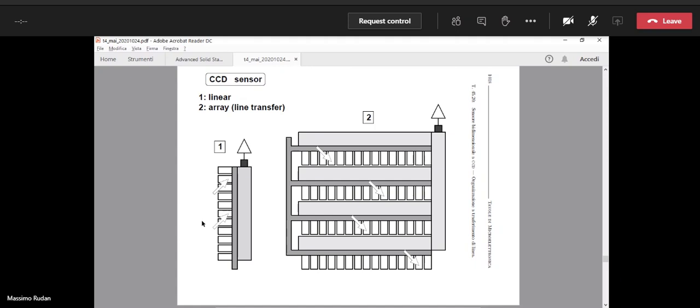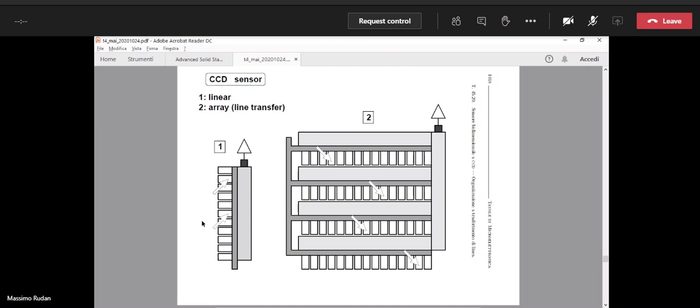Then the next integration time can start immediately. Meanwhile, the charge packets are transferred from left to right, from the horizontal CCDs into the vertical CCD. So also in this case, a parallel to series conversion of the packets is accomplished.